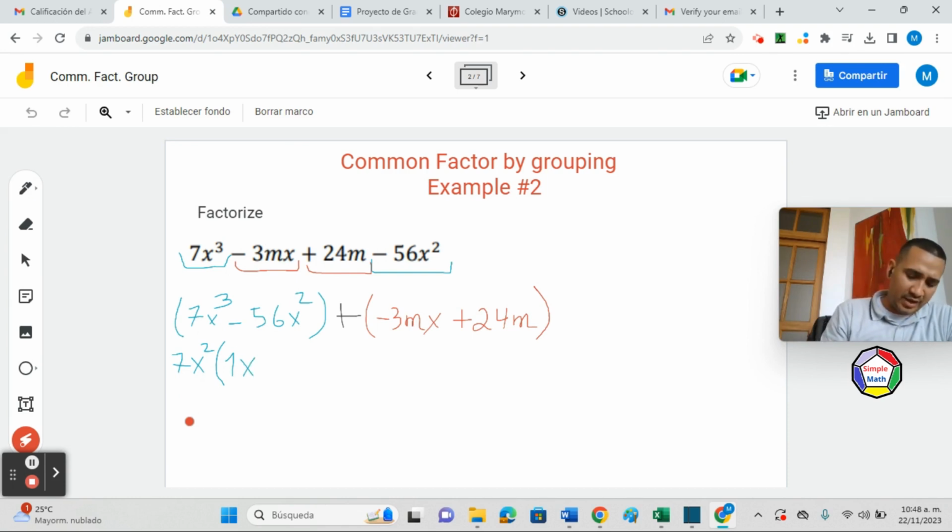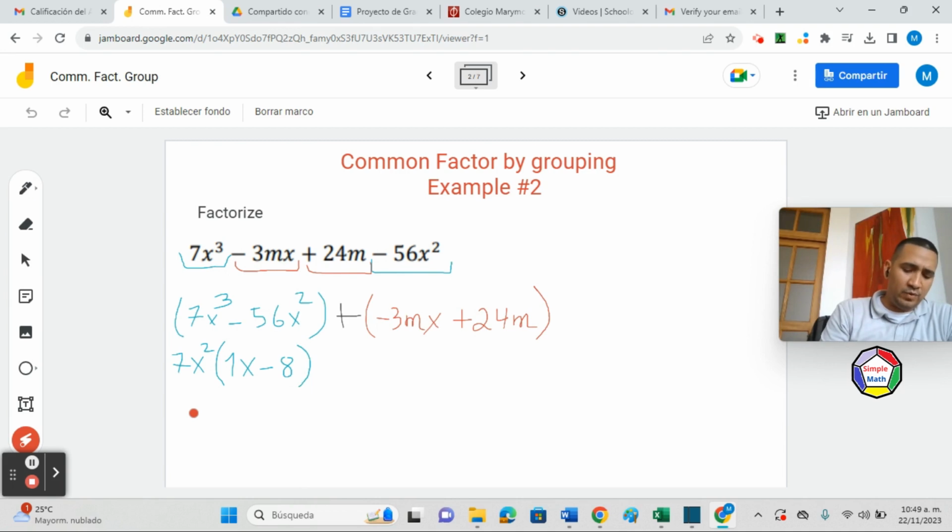So let's write the 1 minus, how much is 56 divided by 7? 56 divided by 7 is 8. X exponent 2 and x exponent 2, we subtract the exponents, so it is x exponent 0. X exponent 0 is 1. 1 times 8, 8. So it's not necessary to write x exponent 2 because it's over. And then we close the parentheses.